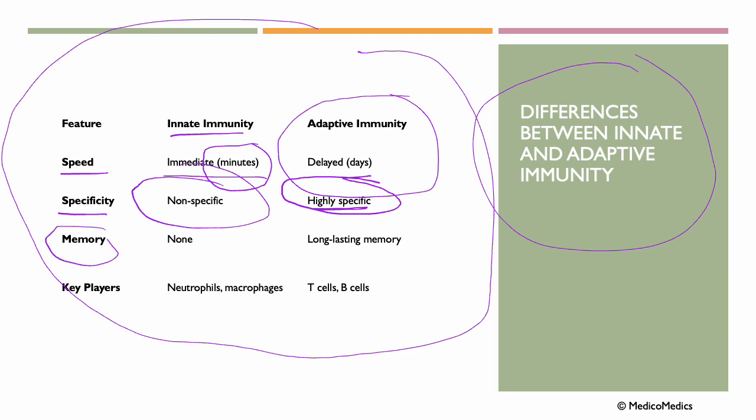When we talk about memory, in innate immunity, there is no memory, but there is a long-lasting memory in our adaptive immune system. Key players in our innate immunity are neutrophils and macrophages. And we can add dendritic cells, and we can also add natural killer cells here. When we talk about adaptive immunity, we have our T cells and B cells.